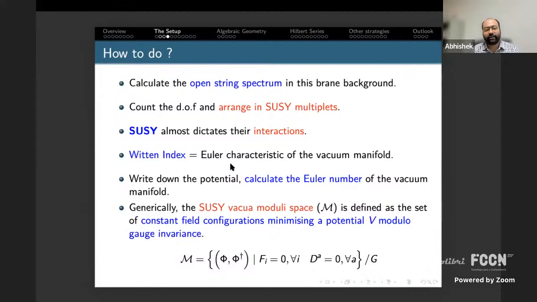Then the Witten index will essentially be the Euler characteristic of the vacuum manifold of this supersymmetric quantum mechanics. One complication, of course, is that we have a gauge theory here, so the characterization of this vacuum manifold has to be up to gauge transformations.